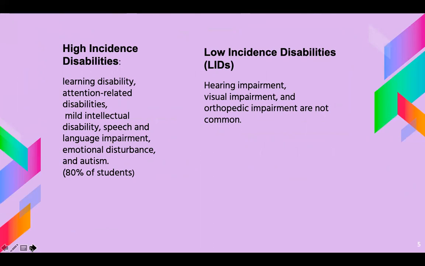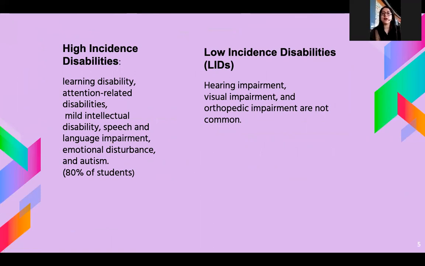Based on those different classifications of disabilities, we have another one called high incident disabilities or low incident disabilities. High incident disabilities are learning disabilities, attention-related disabilities, mild intellectual disabilities, speech and language impairment, or even autism.